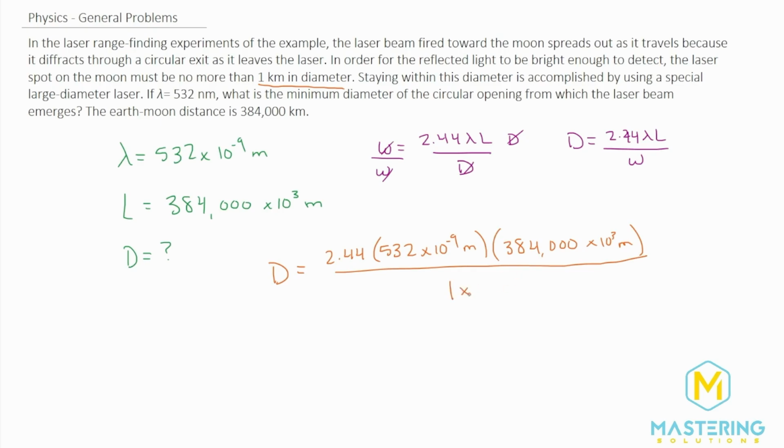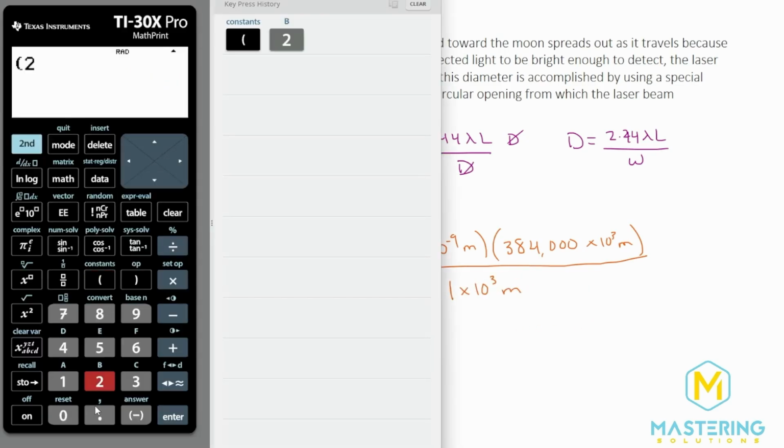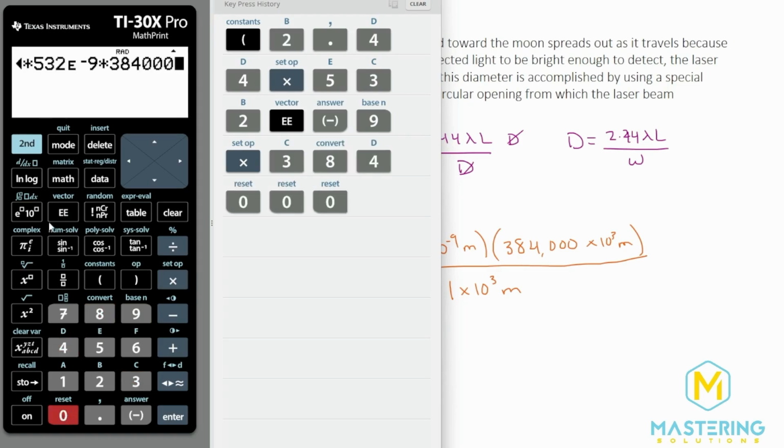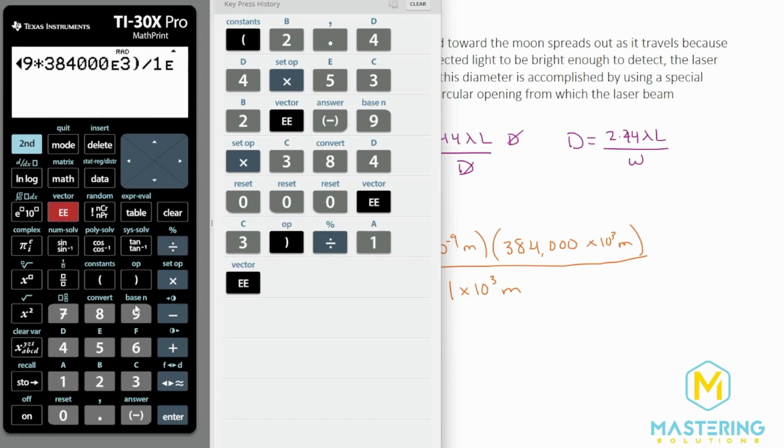So we have 1 times 10 to the 3 meters. So we have 2.44, multiplied by 532 times 10 to the negative 9 meters times 384,000 times 10 to the 3 meters, all over 1 times 10 to the 3 meters.